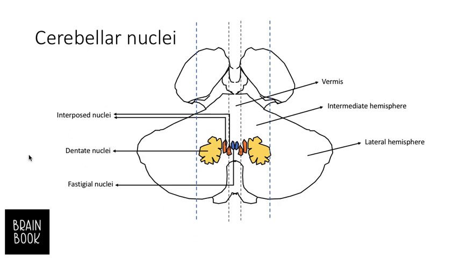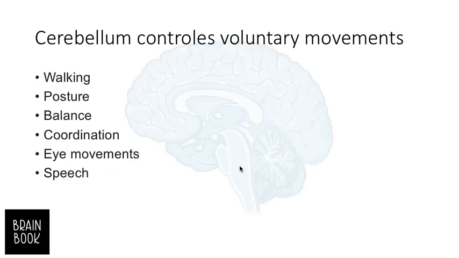For the nuclei, you can see the dentate nuclei, which are located in the outer layer of the nuclei. After that, we have the interposed nuclei, which are 2 pairs of nuclei, and the fastigial nuclei here.